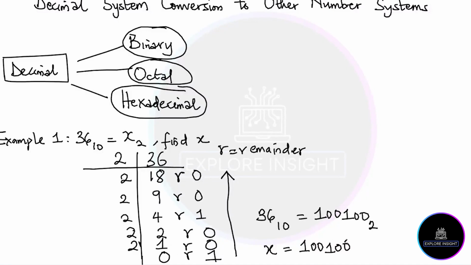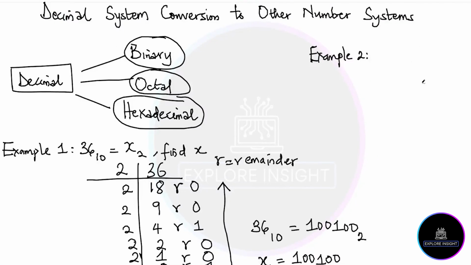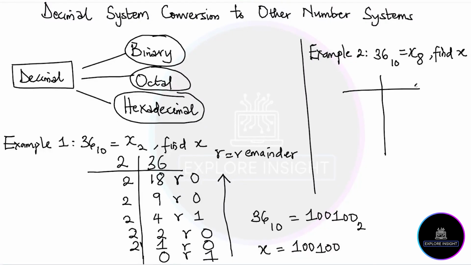Okay, so let's consider example 2. For example 2, if we want to convert 36 in base 10 to octal, what will be the value? So we want to find the value of x. Similar to what we did in example 1, we are going to use the division operation.